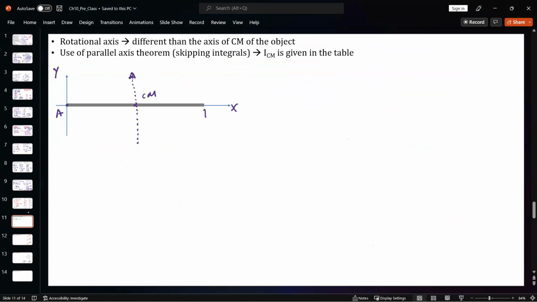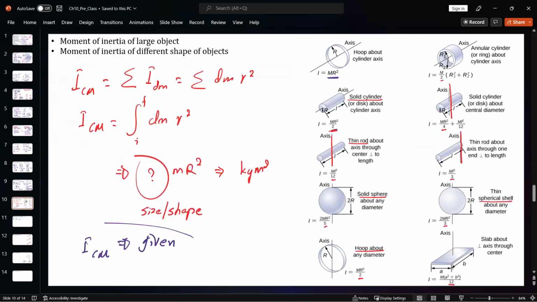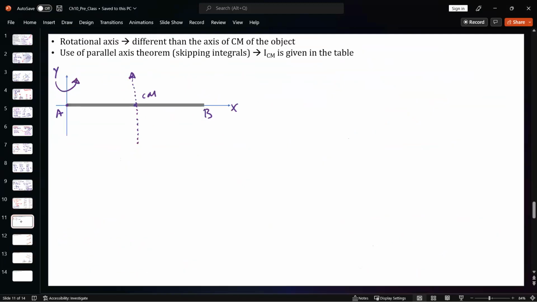Let's consider point A and point B. Now, if I rotate this object around the y-axis, it rotates by fixing its endpoint, not the center of mass point. Then the equation given here is not directly useful, because we only know the center of mass moment of inertia when the object rotates about its own center of mass, with the axis passing through that point. If the axis is different, I don't know how to do that. I have to do the integral again, redefining it for this part.